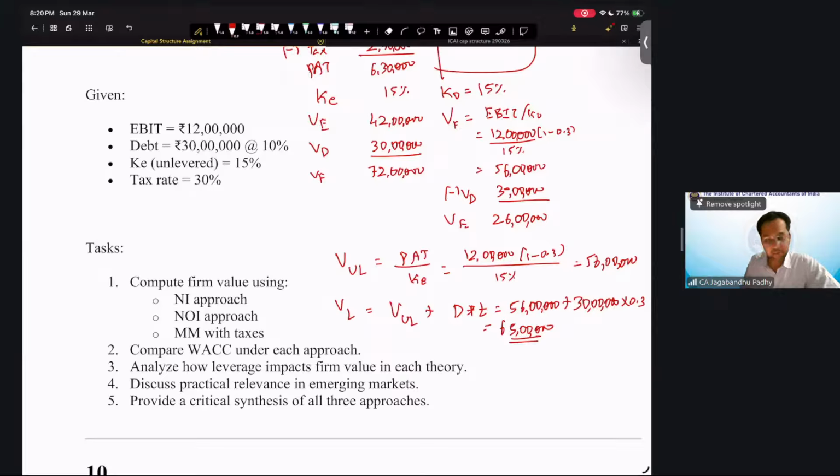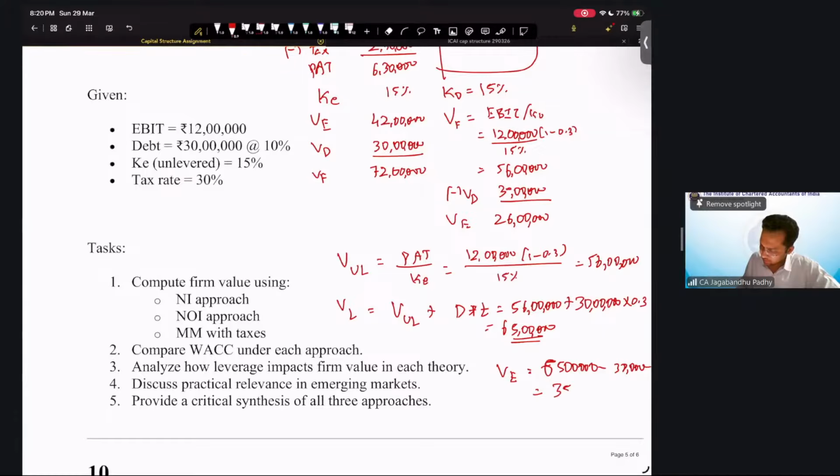Value of levered firm is, guys, 65 lakh. And of course, the value of equity over here is going to be 65 lakh minus 30 lakhs. So under the Modigliani-Miller approach, this is 35 lakhs.